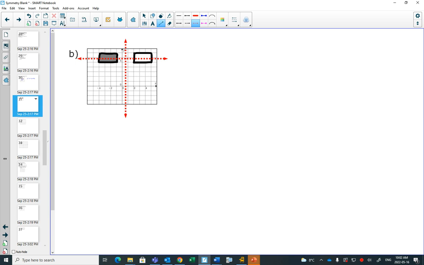Has to be the same space away if you're cutting it that way. So that there's 1, 2, 3 squares in between. You'd have to go exactly 1.5 squares to cut it perfectly in half. Yes, so let's write it down. Two lines of symmetry on this one.